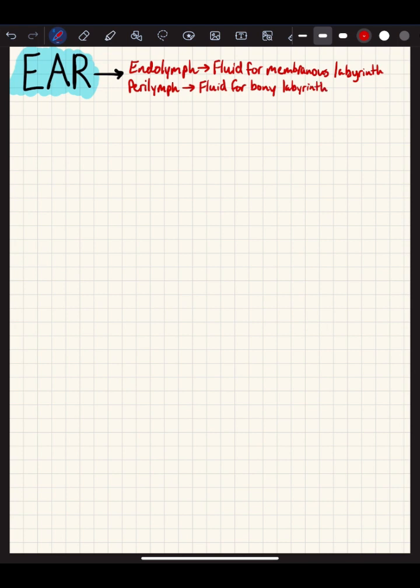Now, something to note that's a little significant about the perilymph that gets mentioned enough to where it stresses me out that it might be on the quiz, but better safe than sorry. The perilymph fluid is similar in concentration to cerebrospinal fluid.